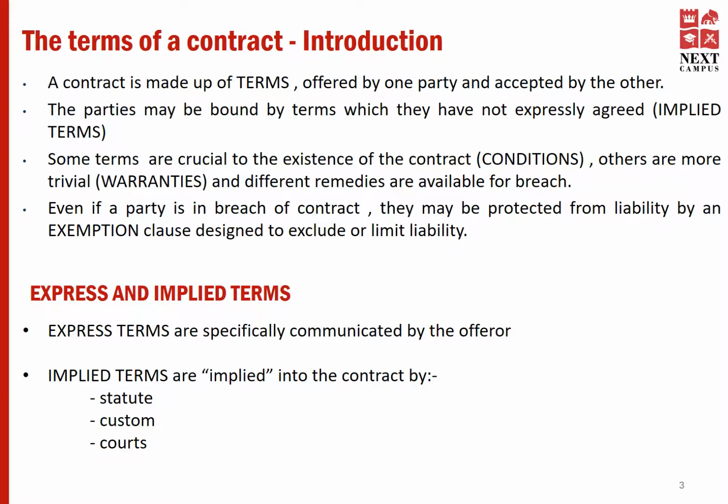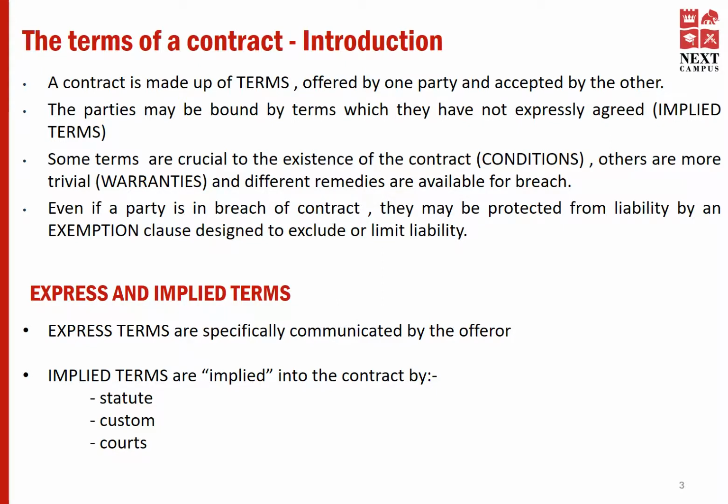There are certain terms which are expressed, meaning that they will be fixed and agreed within a contract. Also, there might be other sorts of terms which are called implied terms, meaning the parties may be bound by these terms which they have not expressly agreed. Some of the terms are very crucial and important to the existence of the contract, which are called the conditions.